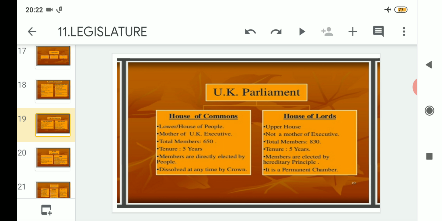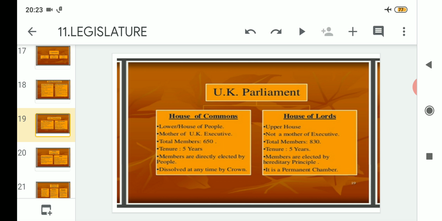So members in the House of Commons, the House of the People, are directly elected by the people. Clear? So here the members are elected directly by the people through the right to vote.